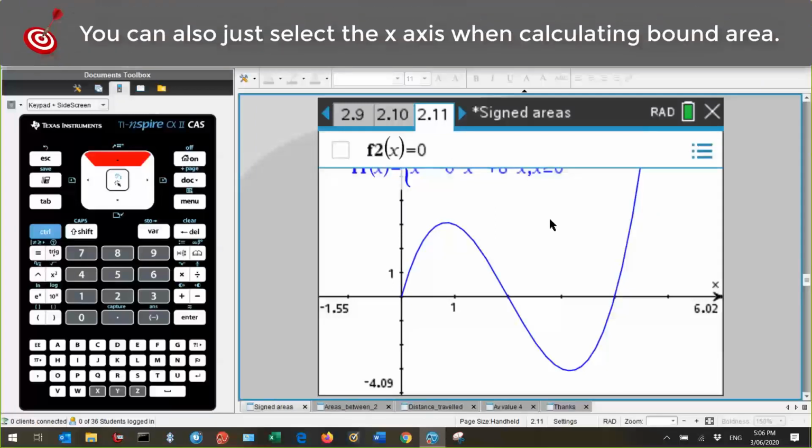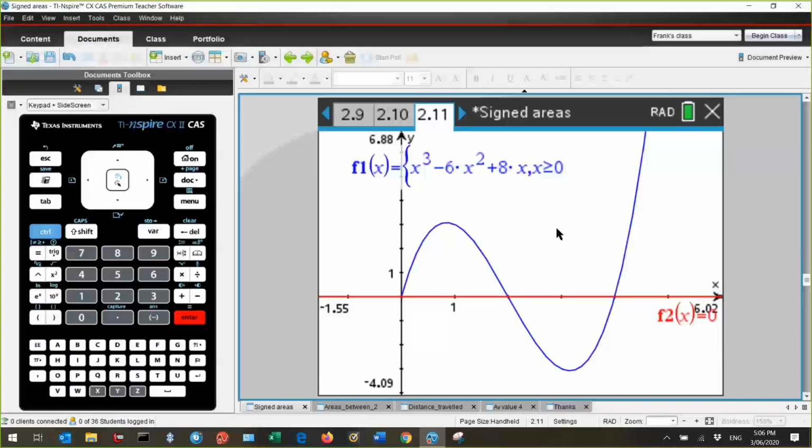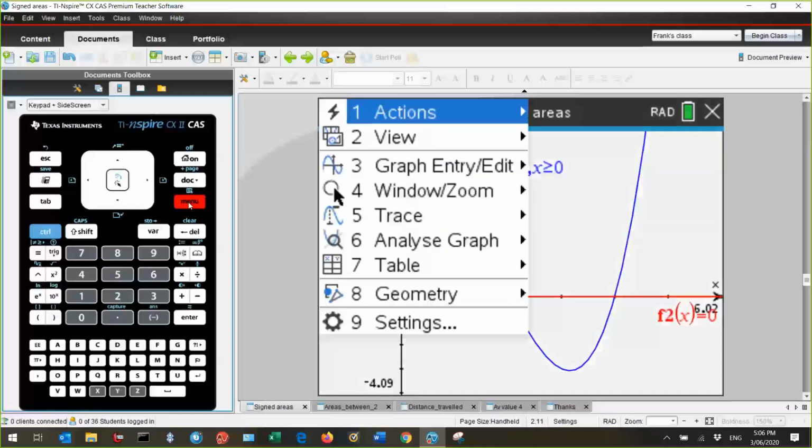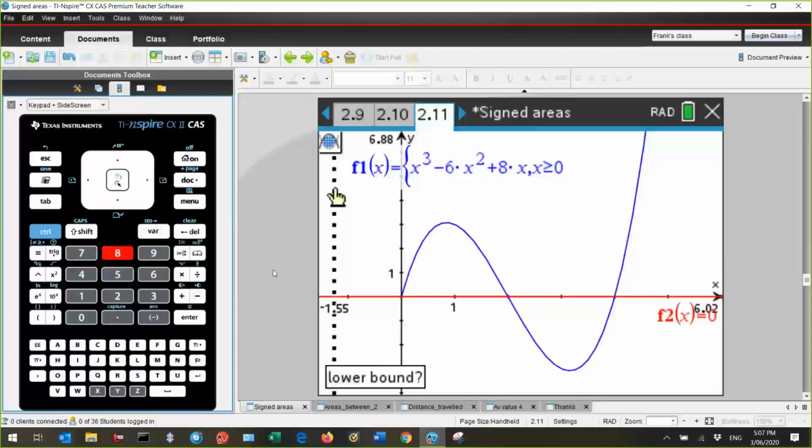I can graph f2 of x equals 0, which is just the x-axis, and then find the bounded area between the graph and the x-axis. So it's Menu, Analyze Graph 6, and this time, instead of 7 Integral, I go 8 Bounded Area. For the lower bound, I can either go to the intersection point or just put in a number, 0.